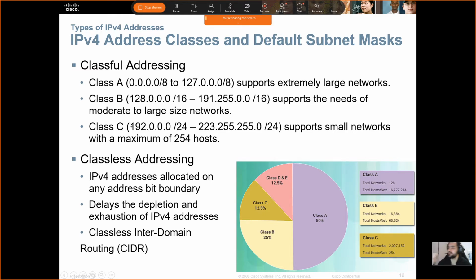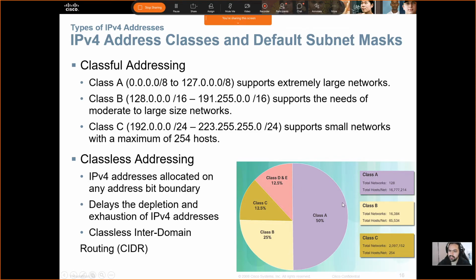Every time you have an address between 192 and 223.255.255 and it's a /24, this is a class C address. We also have classless addresses, which are IPv4 addresses allocated on any address boundary. Anything that isn't necessarily class A, B, or C.